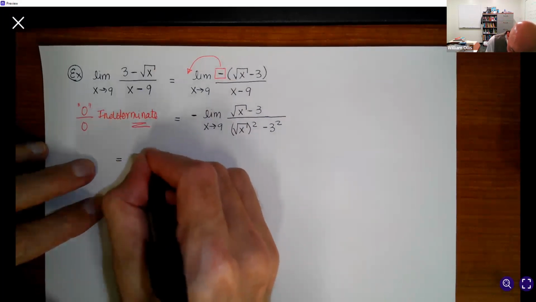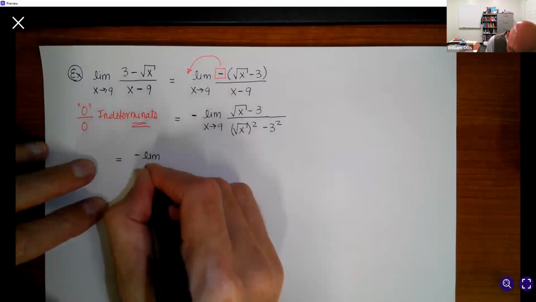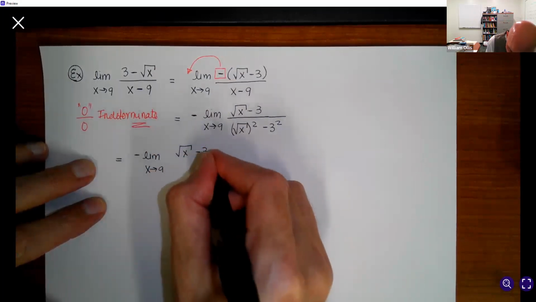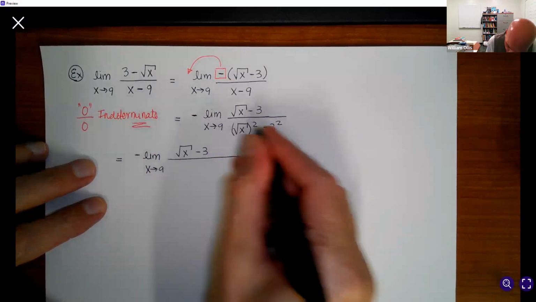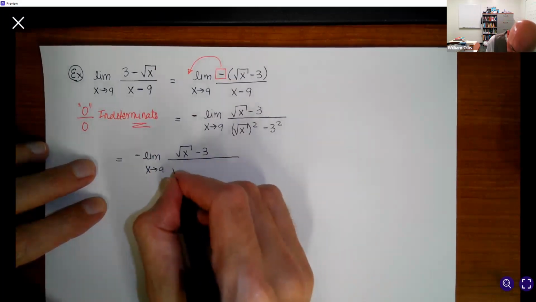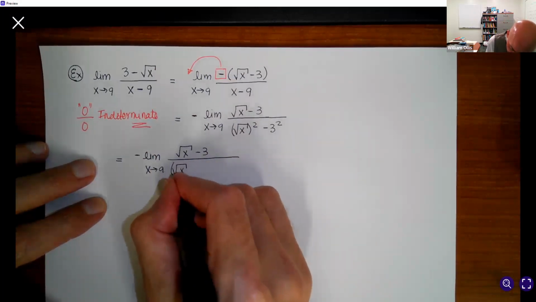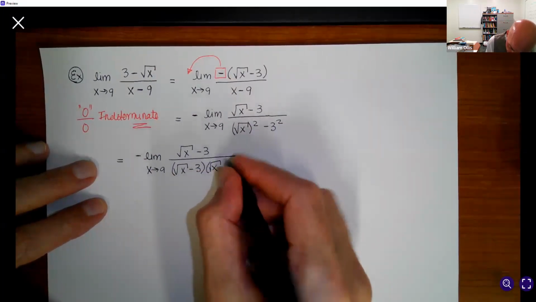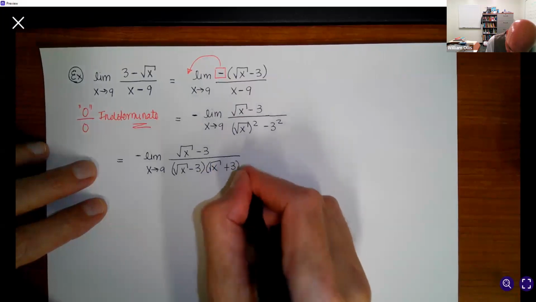So we have the negative of the limit as x approaches 9 of the square root of x minus 3. And of course, that's the key here. We factor the difference of two squares, so we have the square root of x minus 3 and the square root of x plus 3, okay?